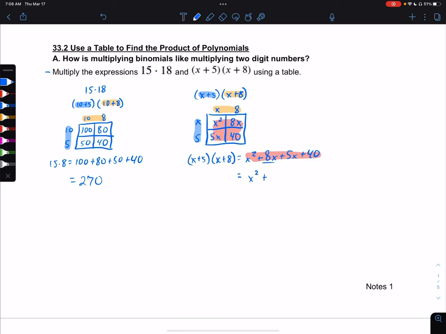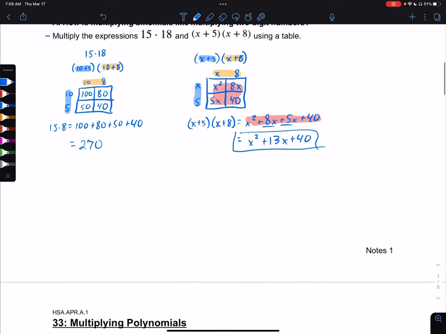So when we add those up, we get 13x plus 40. So this would be our result when we're multiplying those two polynomials or those two binomials, however you want to look at it. All right, so remember, you can use a table to multiply these. Sometimes some students find this very helpful rather than doing a whole distribution process, but it's up to you.